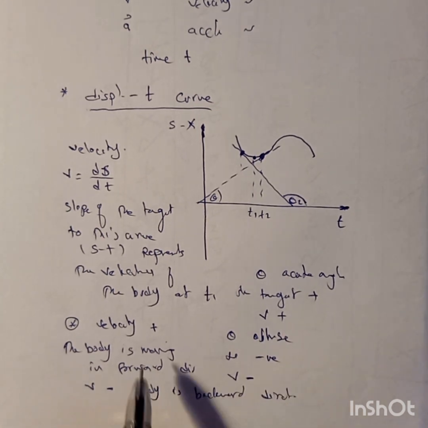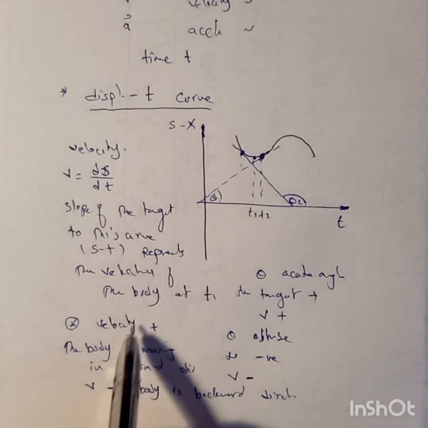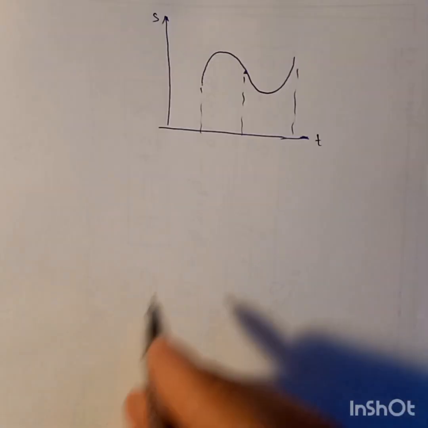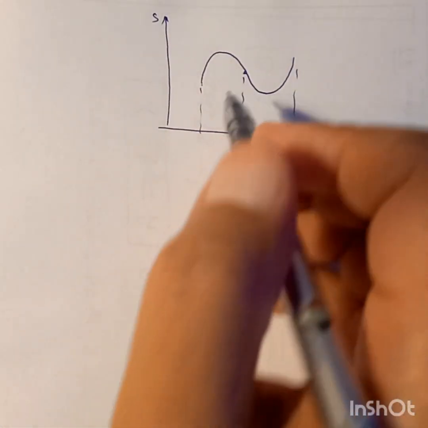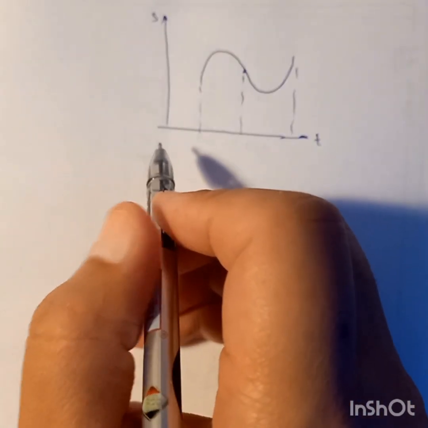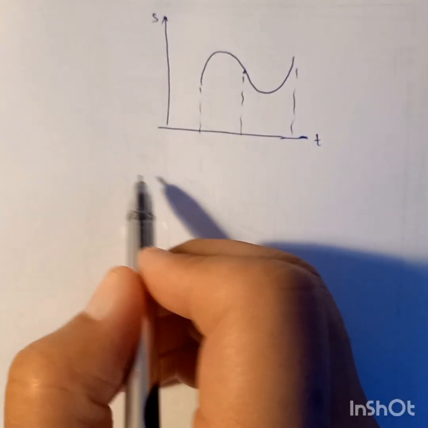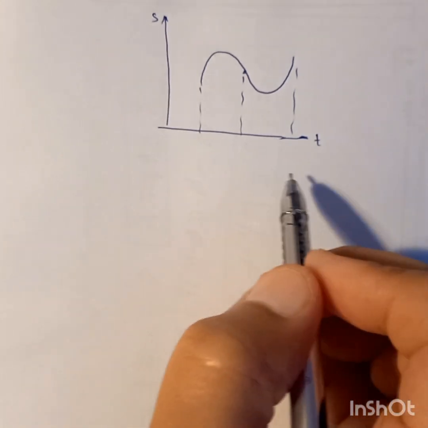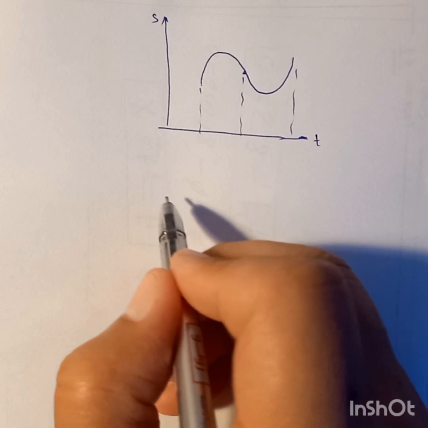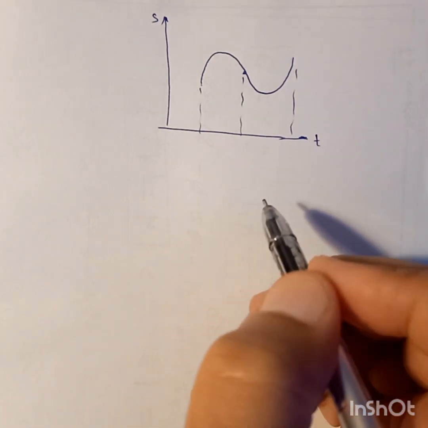This is depending on the sign of the velocity. If the velocity is positive, then motion is forward. If the velocity is negative, then the motion is in backward direction. So the first step is how to find out the velocity from the s-t curve.